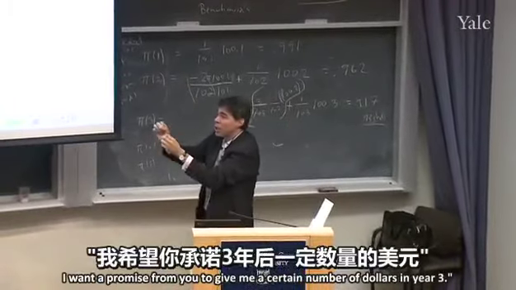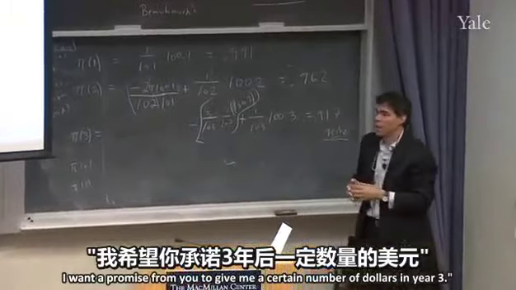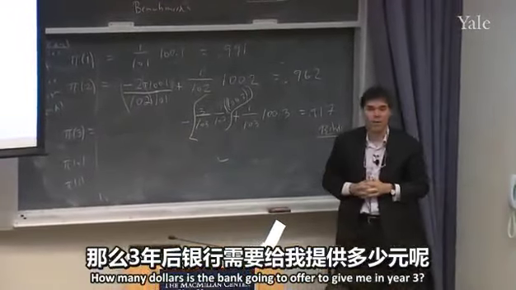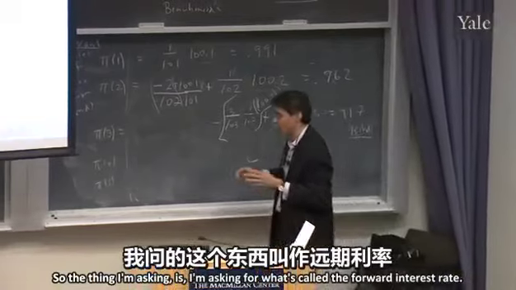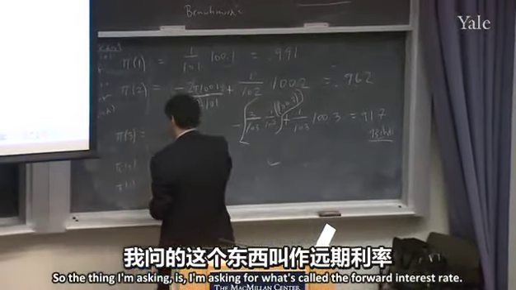And in exchange, I want a promise from you to give me a certain number of dollars in year 3. How many dollars is the bank going to offer to give me in year 3? Every bank will give the same answer. And what will that answer be? So the thing I'm asking for is what's called the forward interest rate.